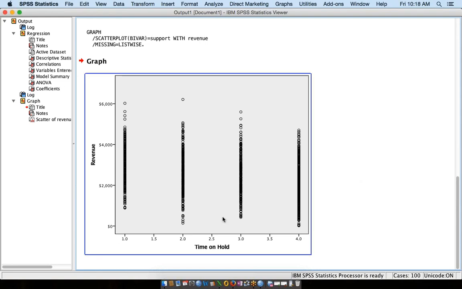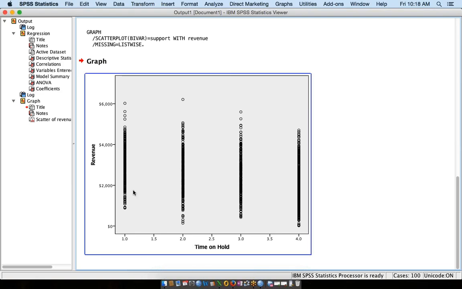And this chart looks like this because the information is discrete. And it's given us this 1, 2, 3, and 4.